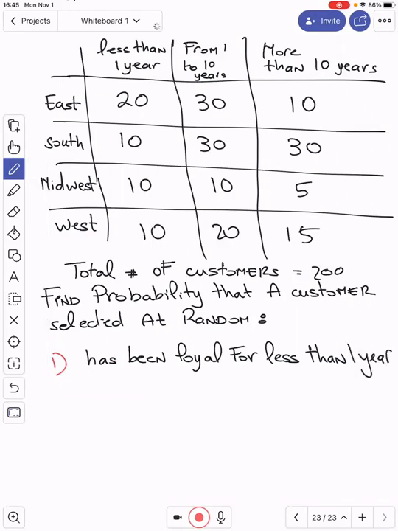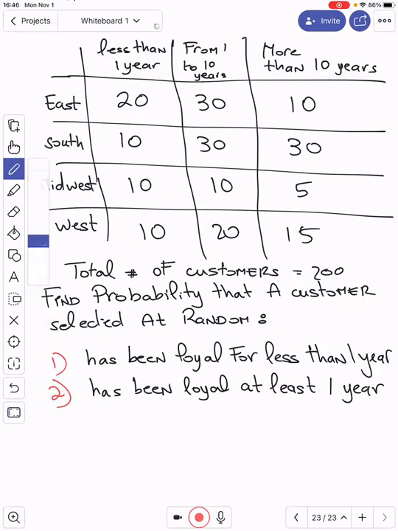2, a customer selected at random has been loyal at least 1 year. Okay.